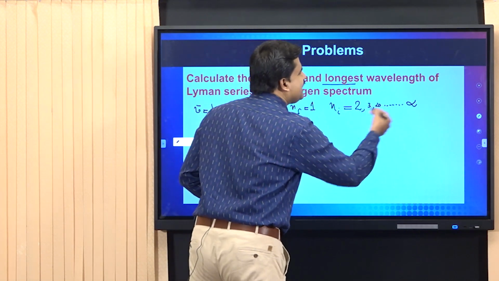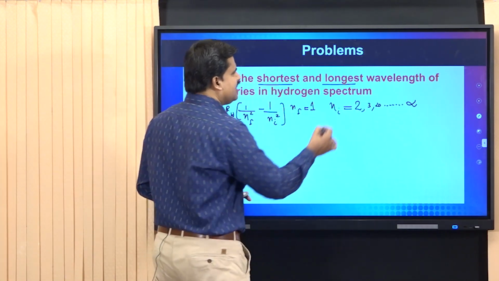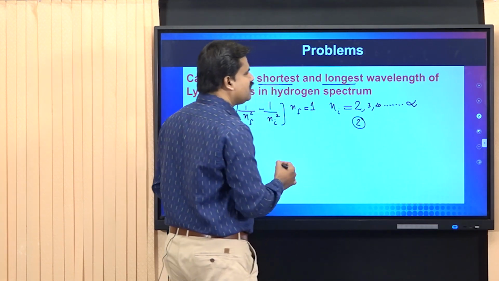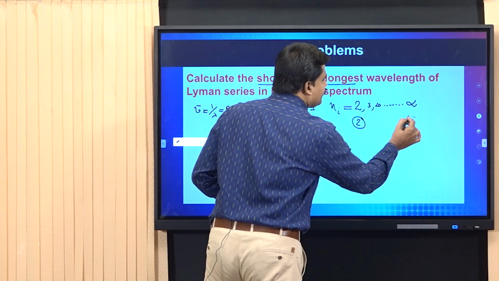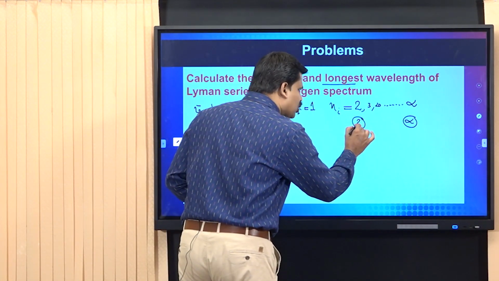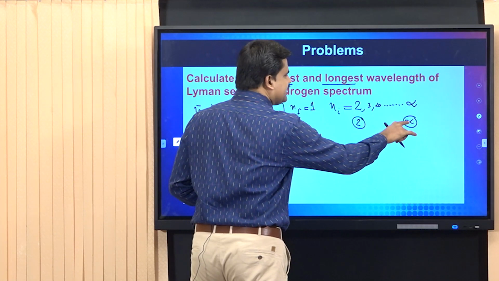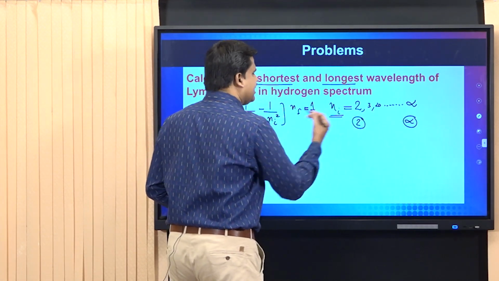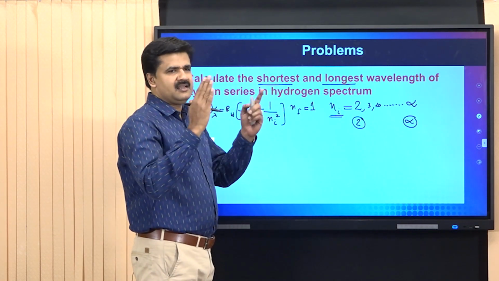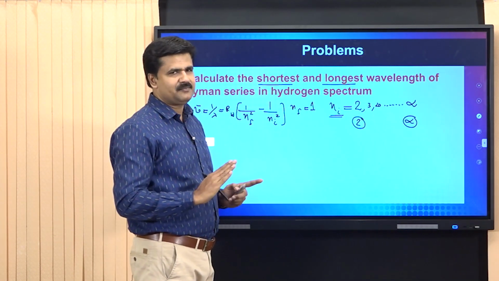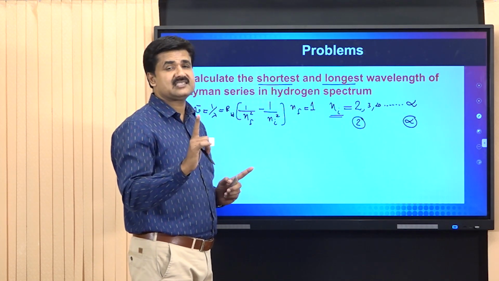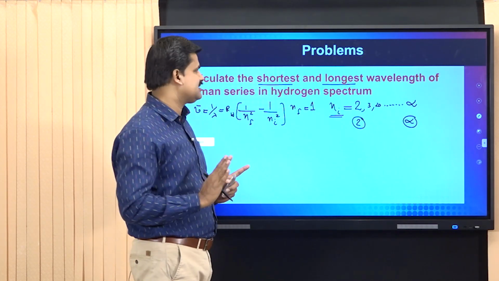So, for two limiting conditions, Ni has a minimum value of 2 and a maximum value of infinity. By selecting either 2 or infinity as the value of Ni, we will get two different wavelength values, one being the shortest and one being the longest.